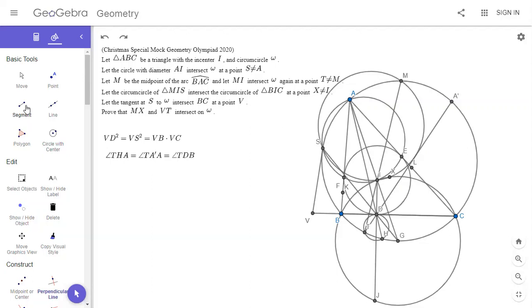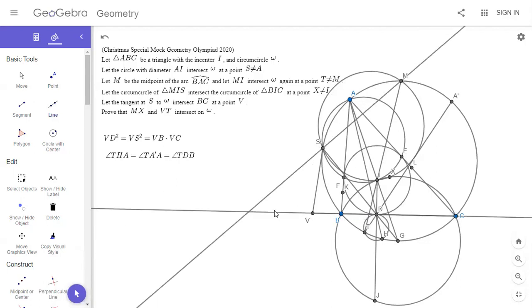Wait a little bit. Let me just. So yeah, using projective geometry, I think it's not that hard to show that FV is the angle bisector of VSC. So I'm just going to write it out quickly here. Let me see for a sec.